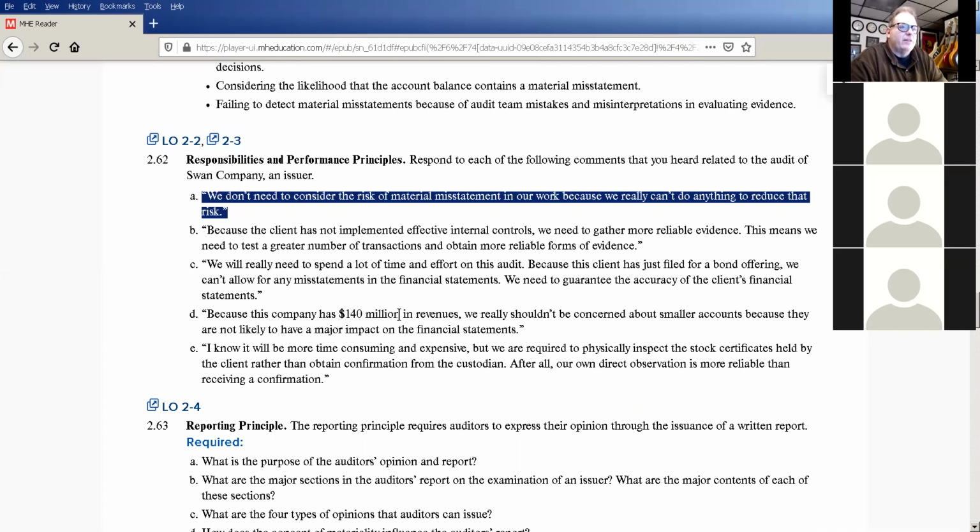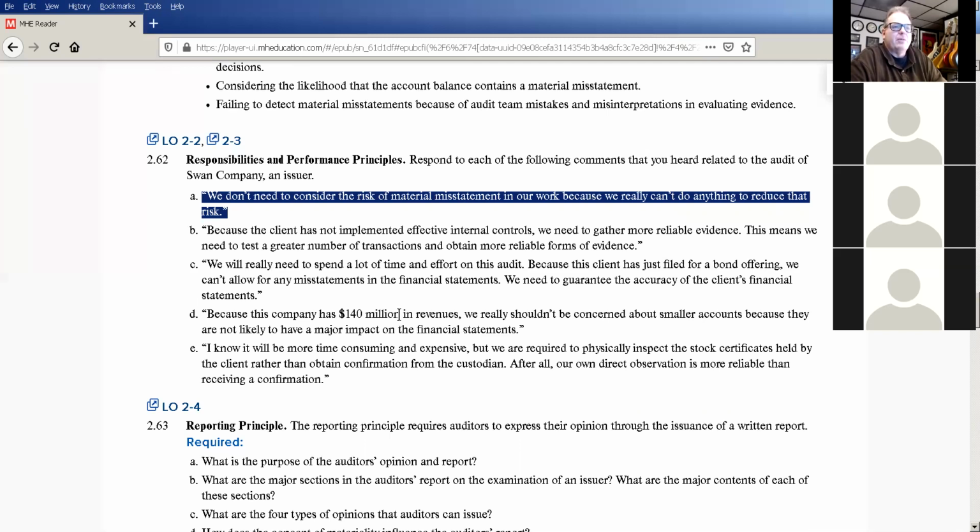Does that sound okay? No. You have to consider the risk of material misstatement. What's the risk that a material misstatement is going to occur? Because that will tell you how much auditing you have to do on any given account. If there's a big risk of material misstatement in, say, inventory, that means you have to focus more on the inventory. You can't just ignore that risk.